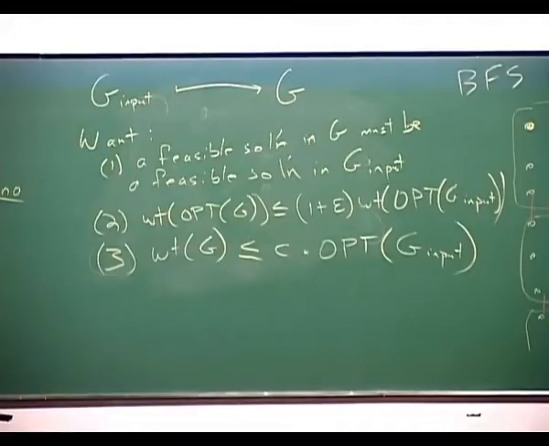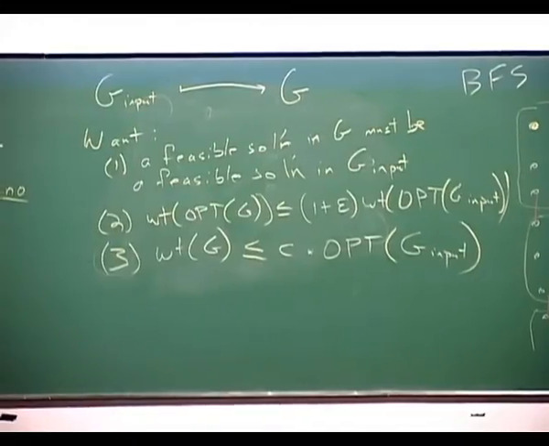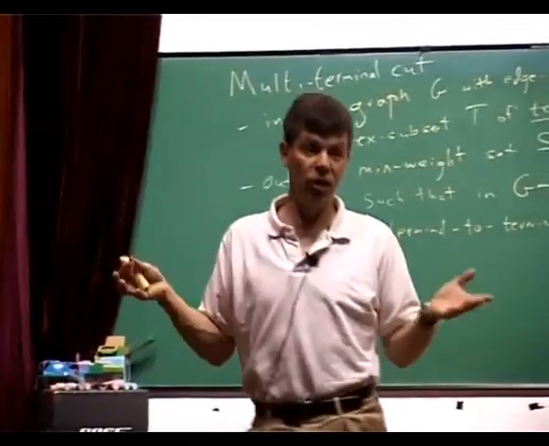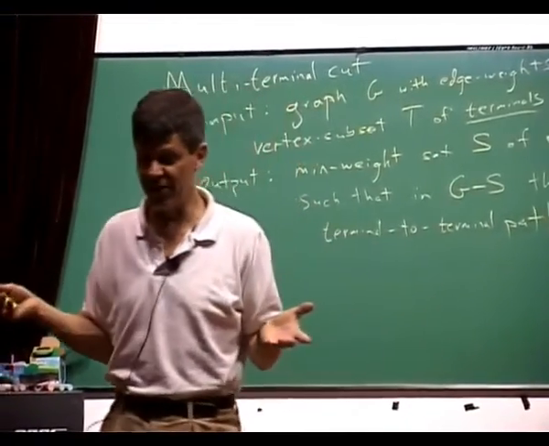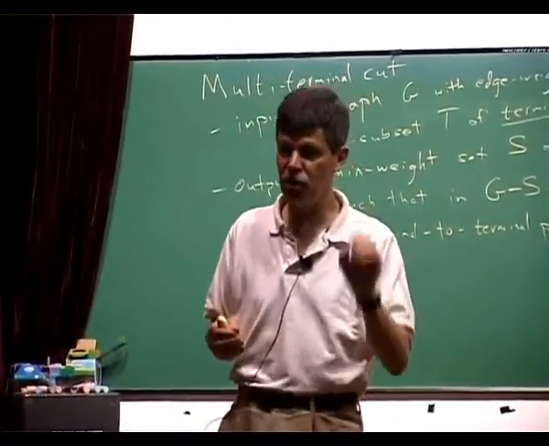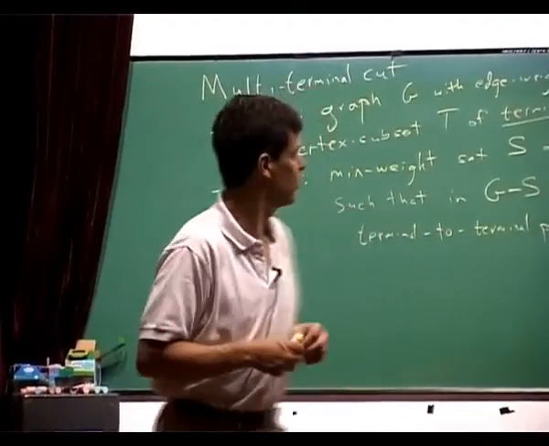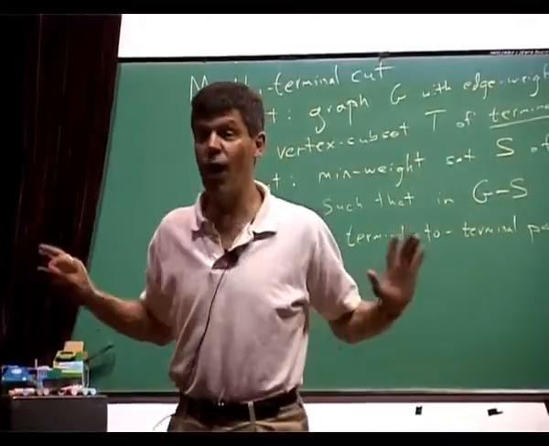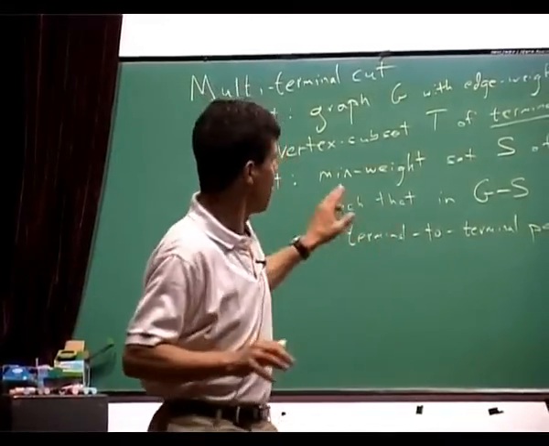Things are sort of closer in G than they are in G input. So 1 will be true. 2, well, we have to figure it out. We have to figure out how we can approximately preserve the opt solution and still throw out enough weight that 3 is true.